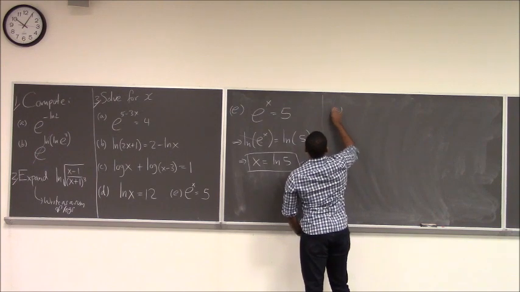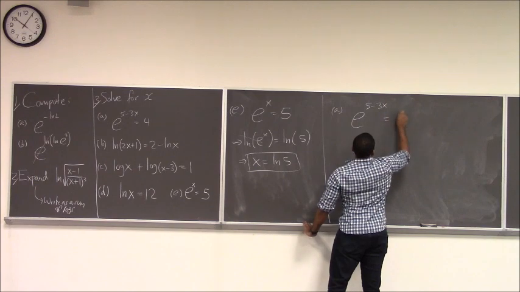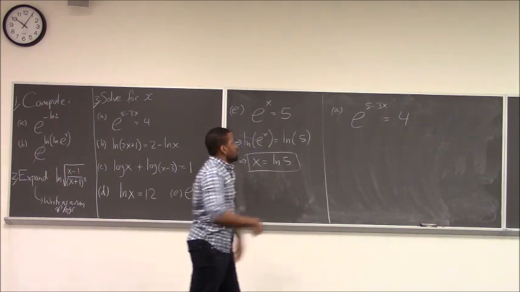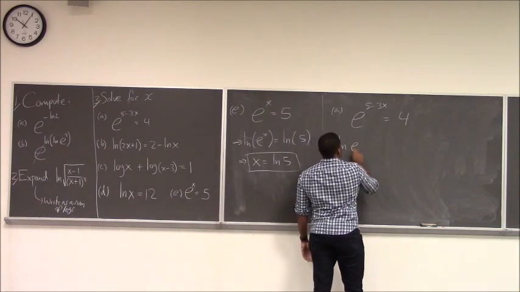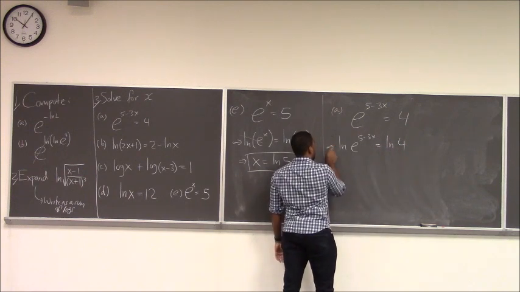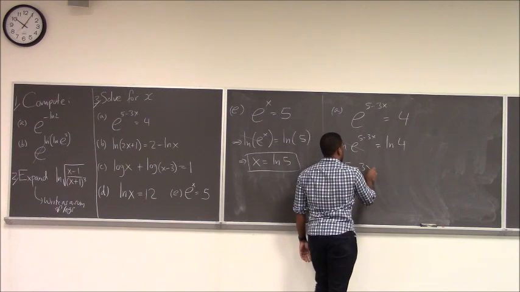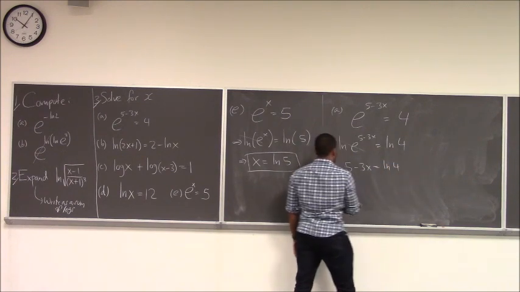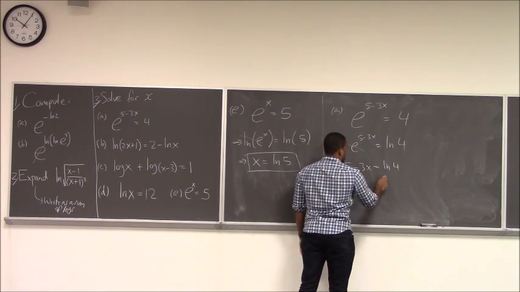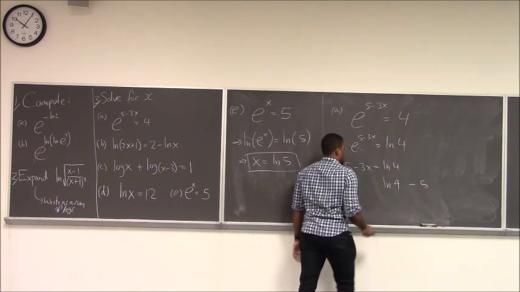Okay, let's go to something a little bit more complicated. Okay, now what? Take the natural log of both sides. So what does this side become? 5 minus 3x. Right, so let's cancel and get 5 minus 3x, and bring the 5 to the other side. And hopefully you don't get confused.